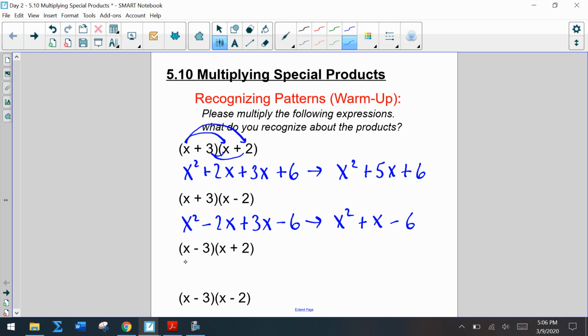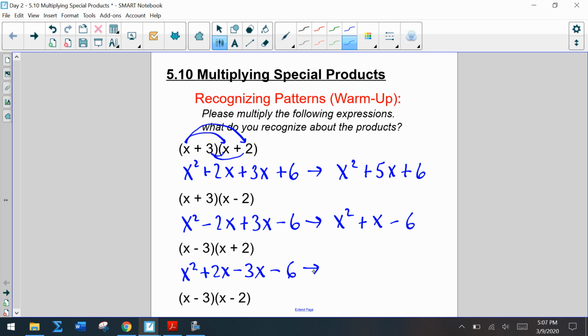All right, for the third one, we got x squared, and when we multiply our outer terms, we get plus 2x minus 3x minus 6.